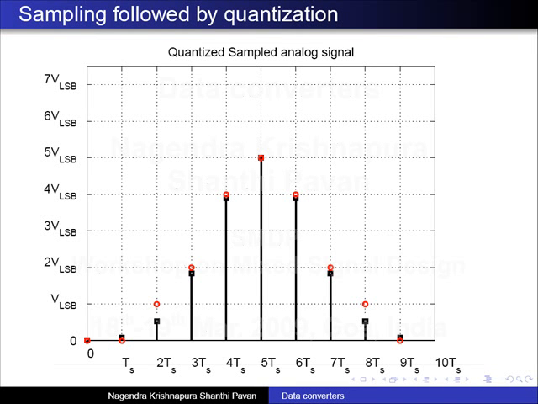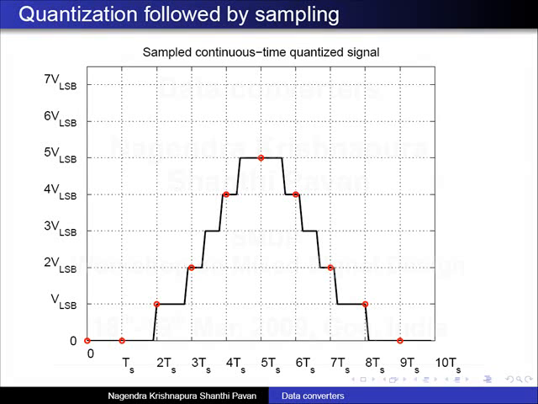In this case, what I've done is, I've taken the continuous time signal, I've first quantized it. That is, at every point I look at, this is some theoretical thing I do. I don't have to be able to implement this. But at every point I round it off to the nearest level. So I get this black signal. Is that okay? I've taken the continuous time signal and at every point I've rounded it off to the nearest level. And after that I sample it.